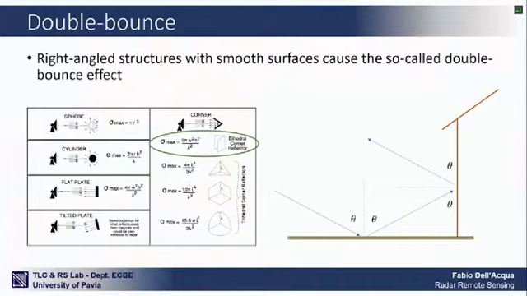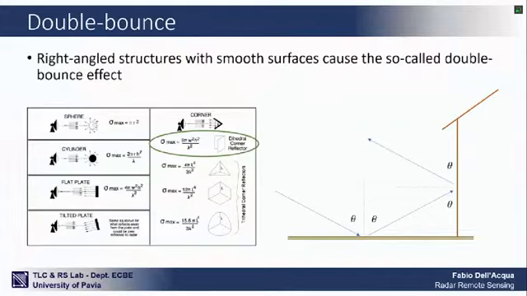this type of structure, which is called trihedral, is extremely more effective, because with this structure, it doesn't depend anymore on the direction, and wherever you may be illuminating it from, you will get a strong backscatter.